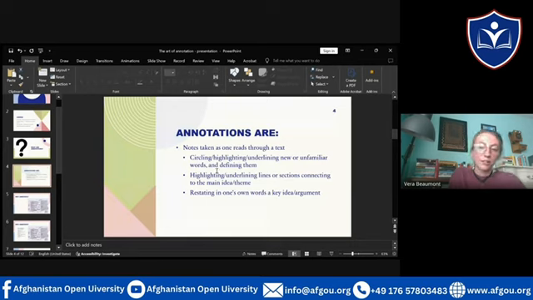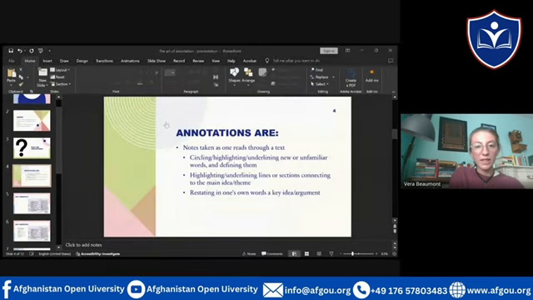It's also highlighting and underlining lines or sections that connect to the main idea, and then restating those lines and sections in your own words. So the main idea of the topic today was practicing learning English through reading by learning different vocabulary, circling unfamiliar words and ideas, and being able to restate them so that you can understand them and re-explain them.